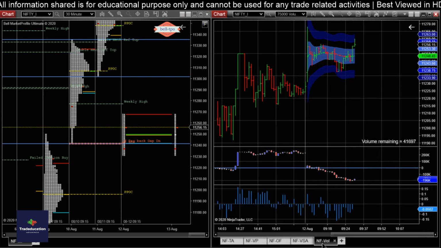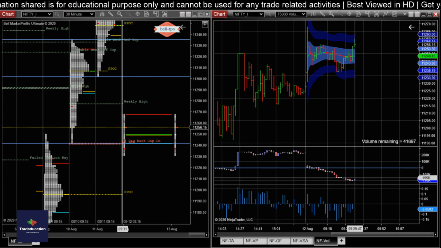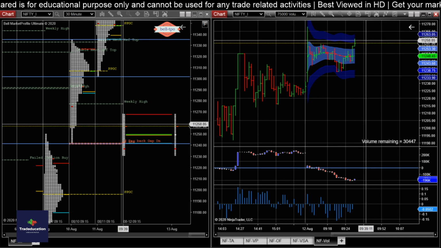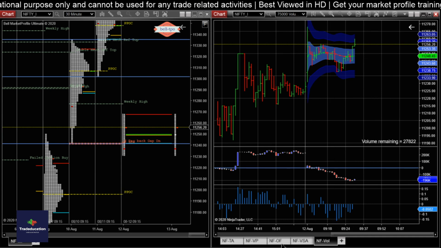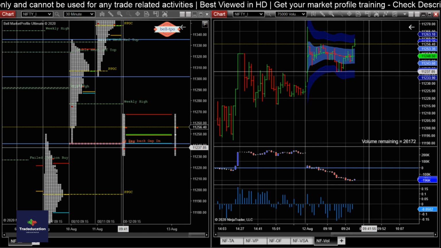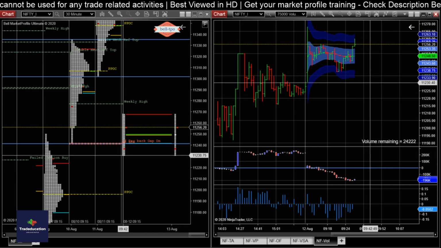Let me just check the cumulative delta. It's turning flat, and now it's making new highs, and it's in the second standard deviation. We have a poor low here, we have got small access here.